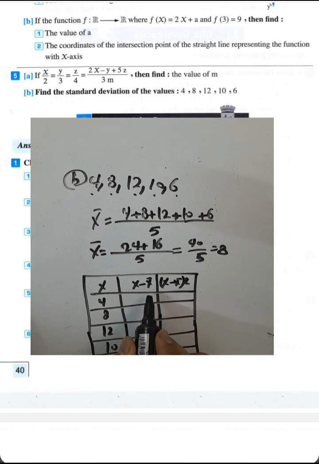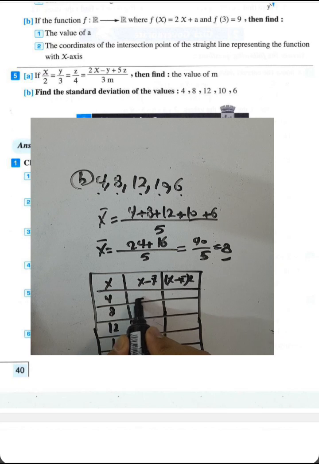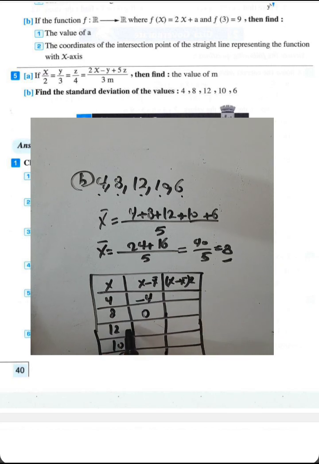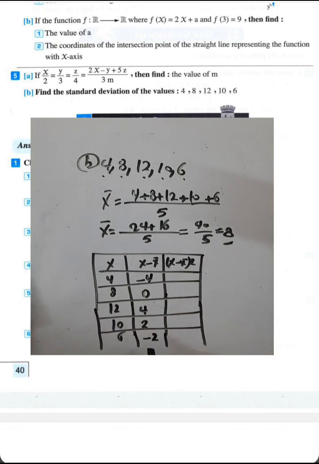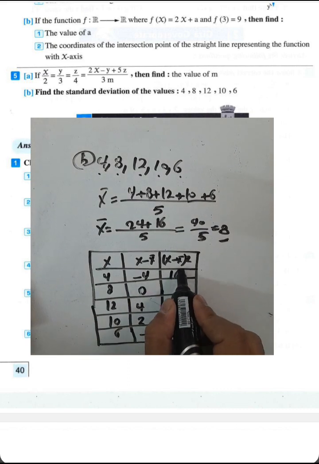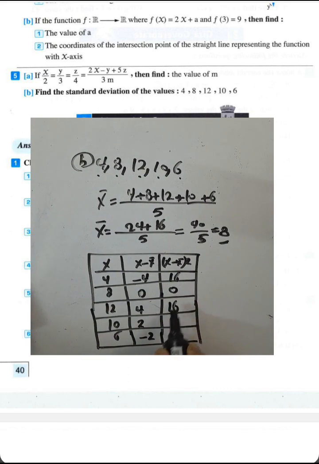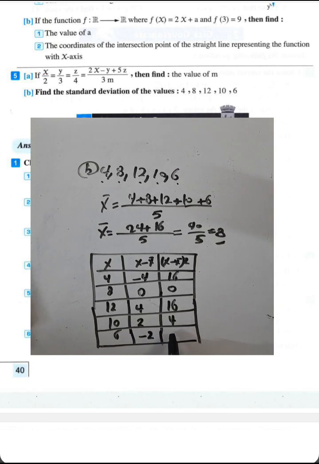X subtract x bar here: 4 minus 8 is minus 4. 8 minus 8 is 0. 12 minus 8 is 4. 10 minus 8 is 2. 6 minus 8 is negative 2. And negative 4 power 2 is 16. 0 power 2, 4 power 2, 2 power 2, negative 2 power 2 is 4.